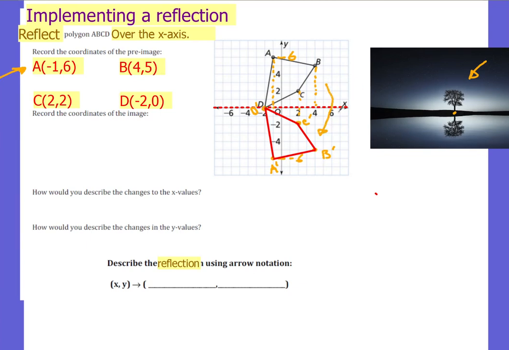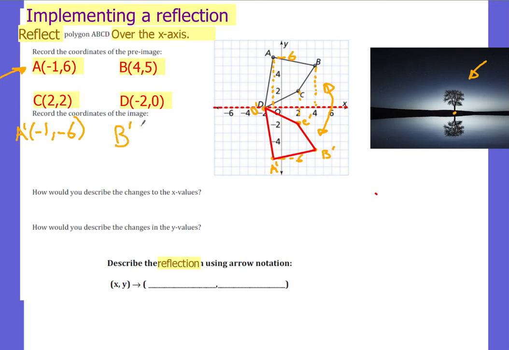And so now we're going to look at how we use that arrow notation for reflection. So I'm going to record the new coordinates. We'll start with A prime. The x stayed the same. It was still 1 to the left, so we'll write -1, comma, oops, I made a mistake. That's not at 6, it's now reflected down, so -6 because it's 6 down.